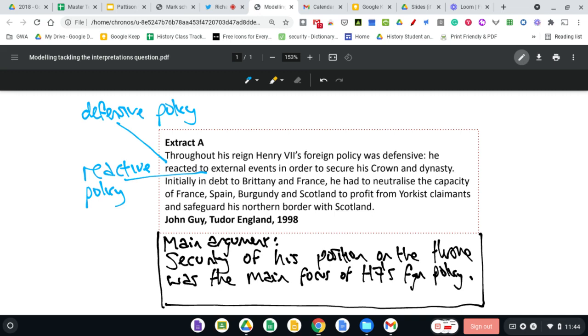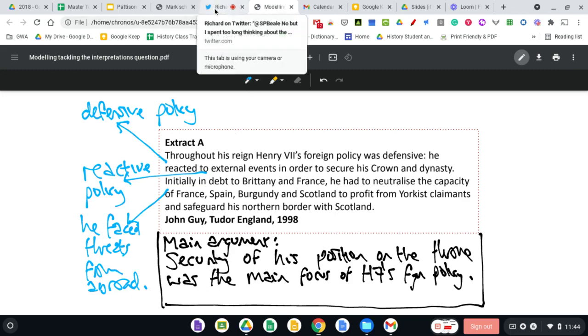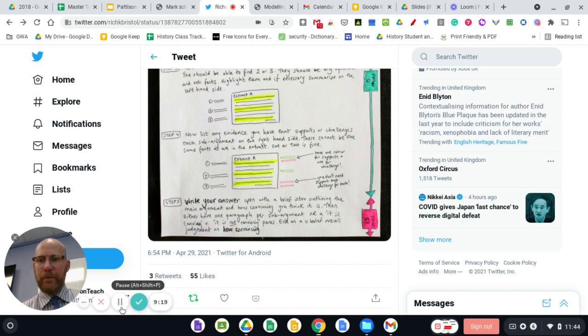And the third argument is that he faced threats from abroad. Okay, so we've got defensive, reactive, and based on dealing with the threats. Okay, defensive, reactive, nullifying, neutralizing these threats.